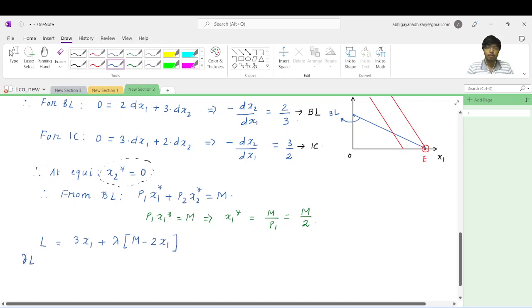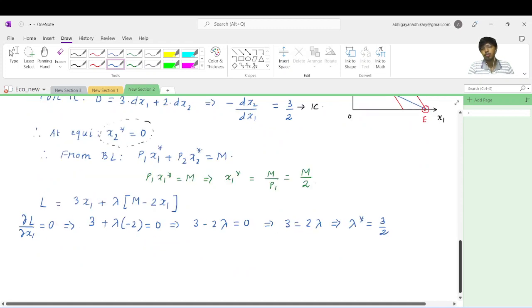Now if I maximize this, del by del x1 equals 0, then what do I get? 3 plus lambda times minus 2 equals 0. That means 3 minus 2 lambda equals 0, so 3 equals 2 lambda. So my optimal lambda star is 3 upon 2.